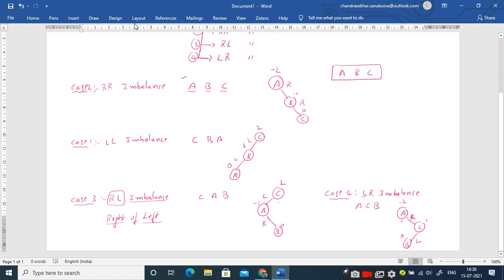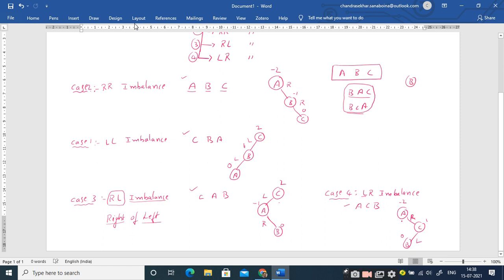So I am done with ABC and ACB. Similarly, I am done with CAB and CBA. And the other combination is you put B first, BAC and BCA. These 2 combinations are not considered to explain the imbalances. Why? Because if you construct the binary search tree for these 2 orders, let me construct for BAC.